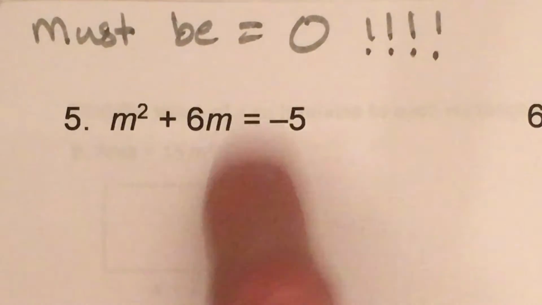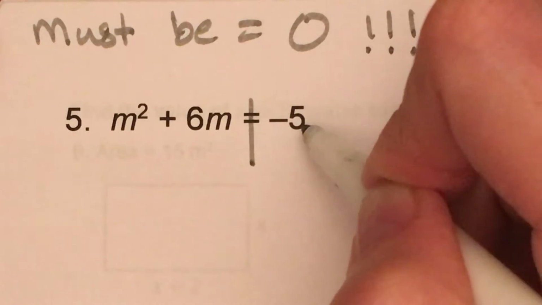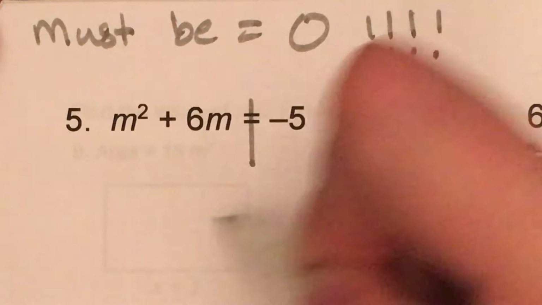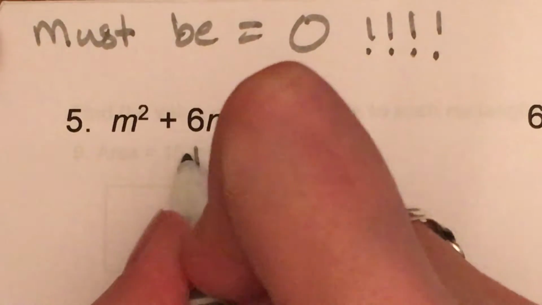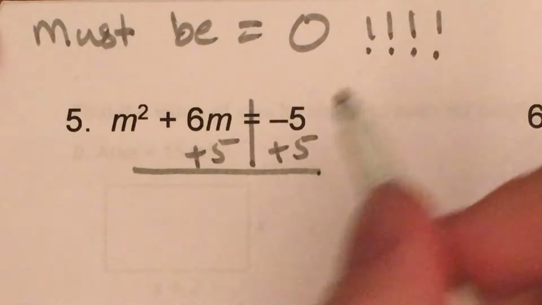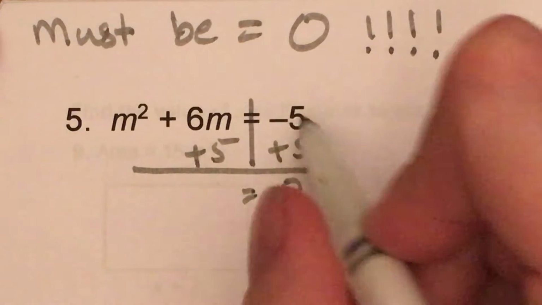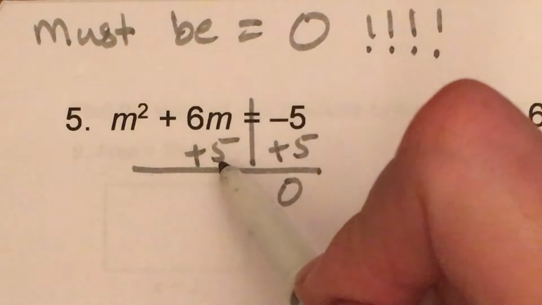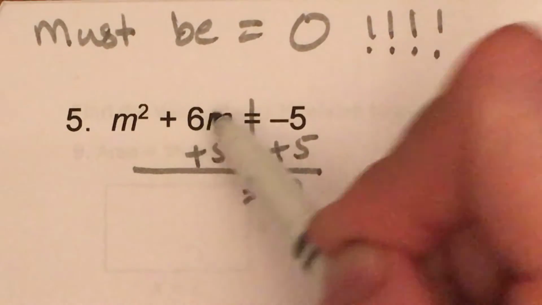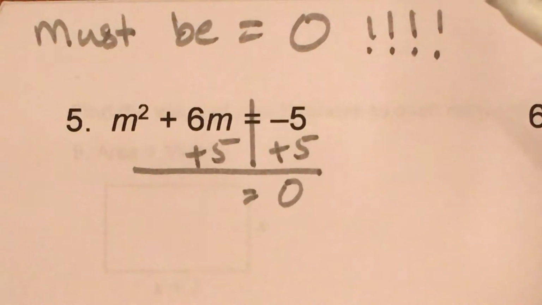So since it's not, we got to get it there. What do I have to do to that 5 to get it over on the left? Yeah, I got to add it. So these 5s cancel out, making a 0, which is what we wanted.